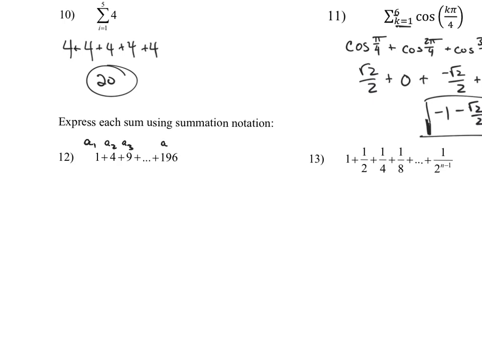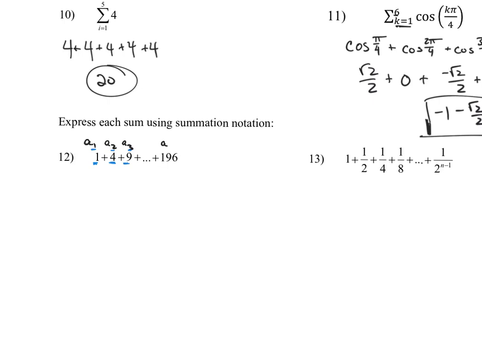Then let's see how term number 1 is connected to 1, or 2 is connected to 4, 3 is connected to 9. What I hope you're realizing is that each of these terms is the square of the term number. So 1 is 1 squared, 4 is 2 squared, 9 is 3 squared.